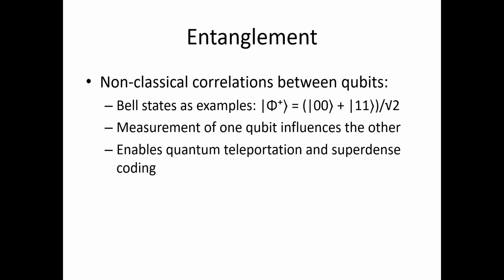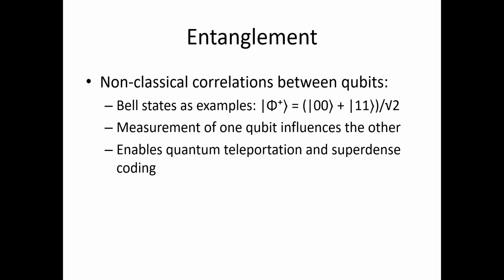Beyond superposition for individual qubits, entanglement describes incredibly strong non-classical correlation between qubits. When qubits are entangled, their fates are linked. A well-known example is the Bell state, where the state shown here is an equal superposition of 00 and 11.